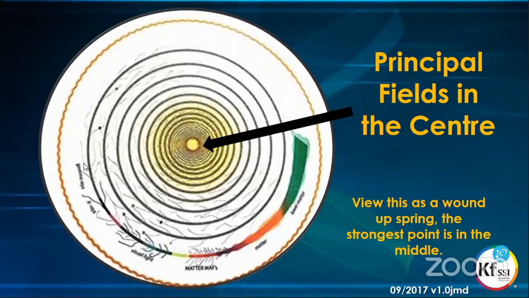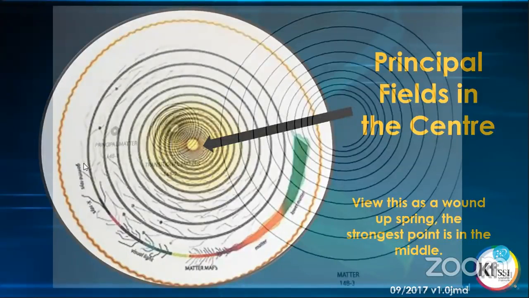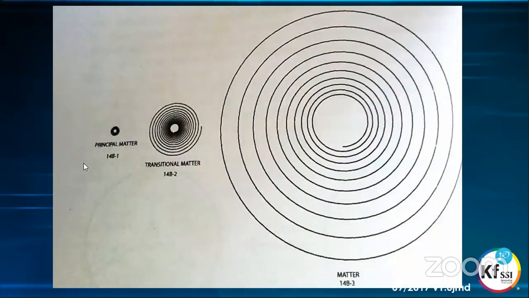Now, when we split that spring apart, we're just showing you in the three parts, so that principal matter, which we're calling transition matter, and the matter. So it's the same spiral, it's just broken out so that you can actually see the tiny center point there.